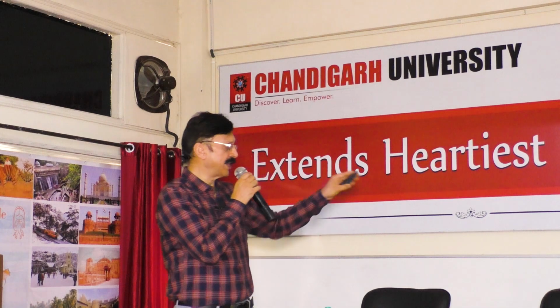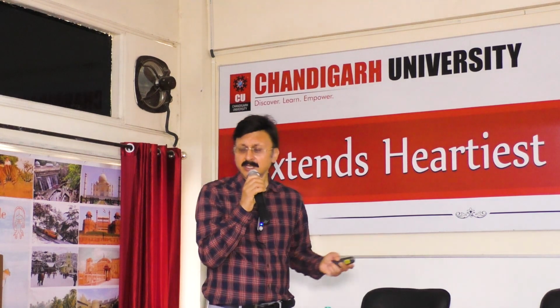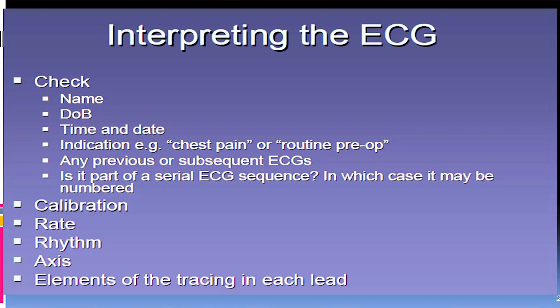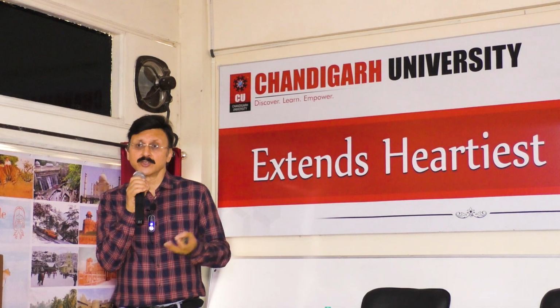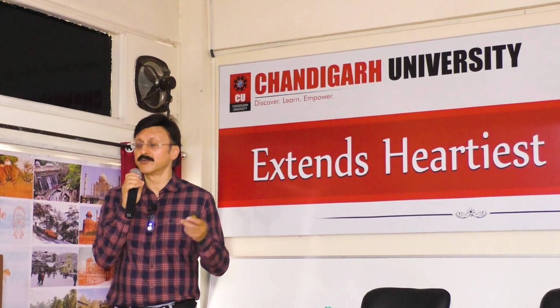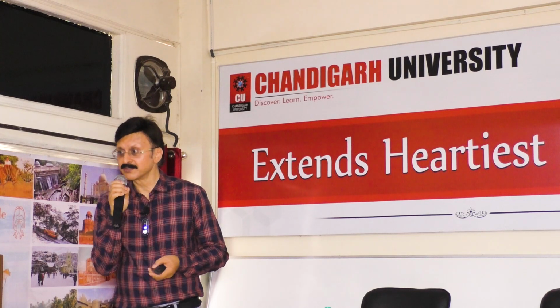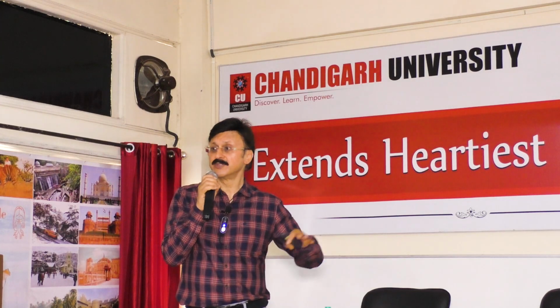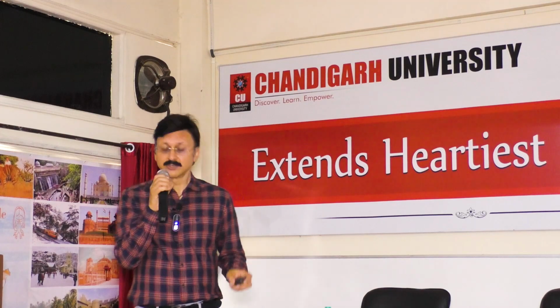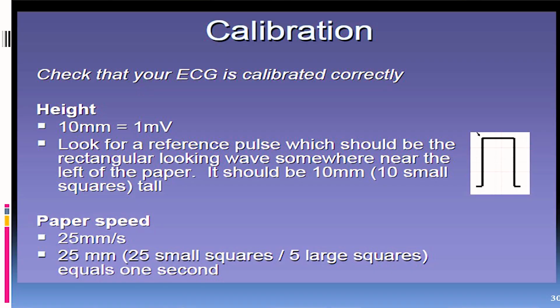Then we calibrate, we fix the speed of the ECG, and we then see the rhythm and the axis, and then the specific things, whether we want to see changes because of myocardial infarction, or changes because of some electrolyte imbalance. And we have to see for heart blocks. That we'll discuss one by one.